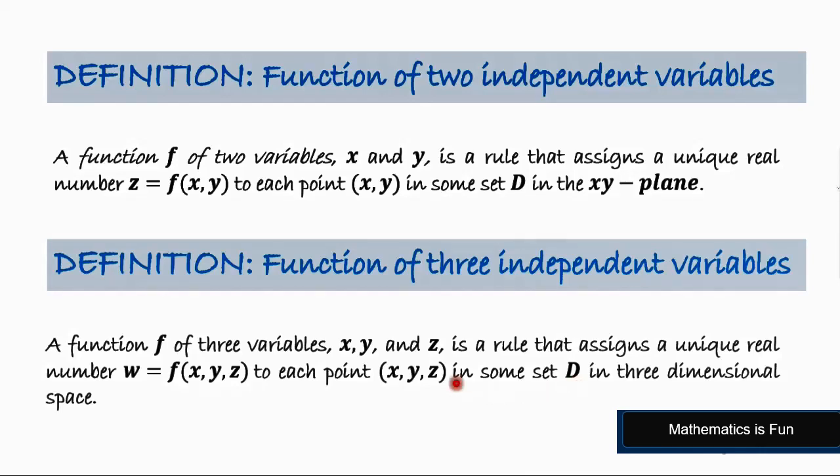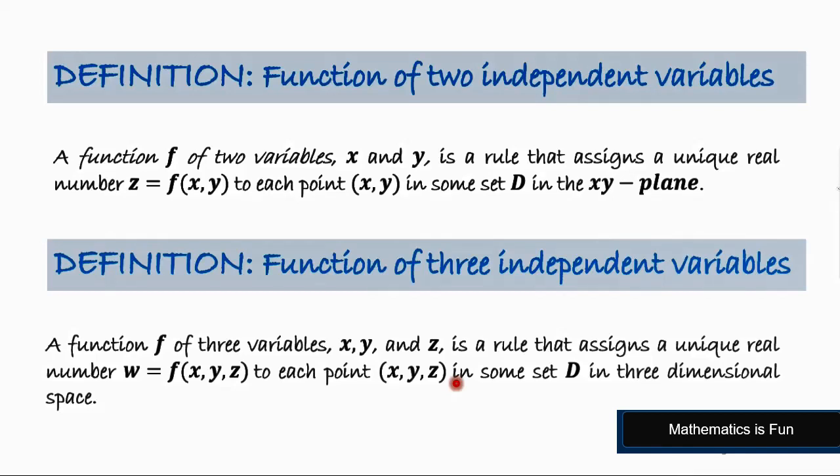Now if I talk about the difference between a function of two independent variables and a function of three independent variables, if I talk about the graphs of these functions, we can say the functions with two independent variables are hollow surfaces, and the functions with three independent variables are solid surfaces.